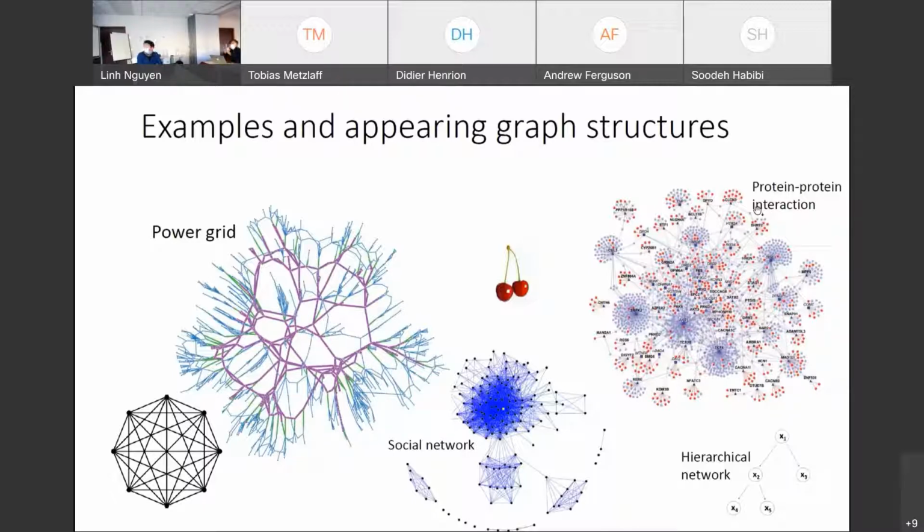I don't know much about this, but at least when looking at the graph here, it really looks like there is structure that can be exploited. And also there are some cherries here. We'll encounter them later. So what's the rough idea?